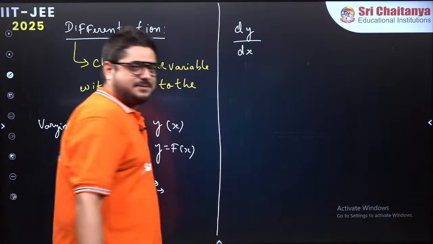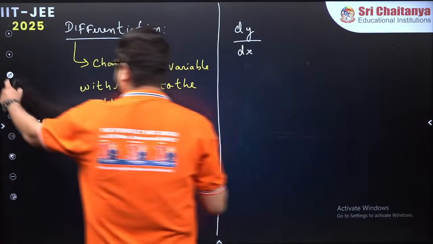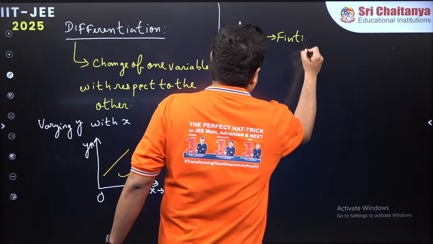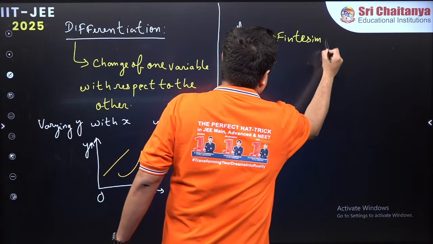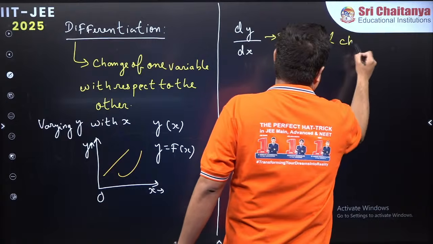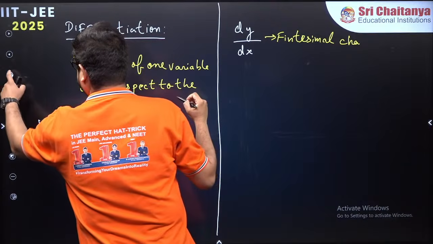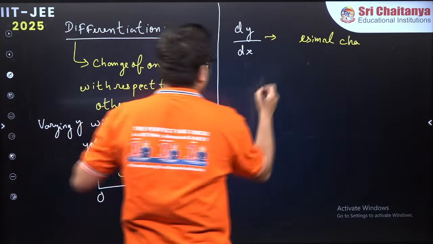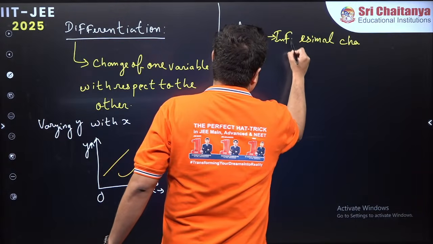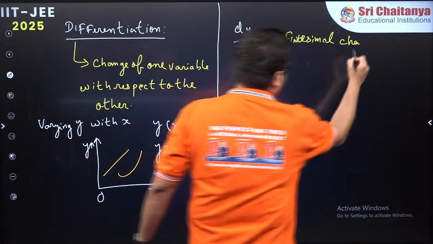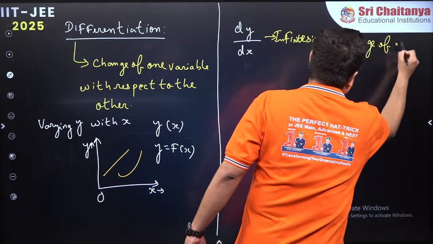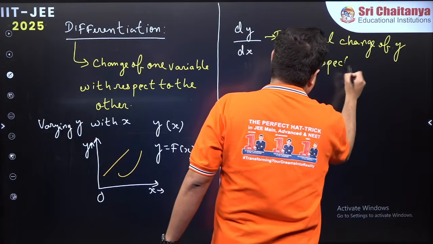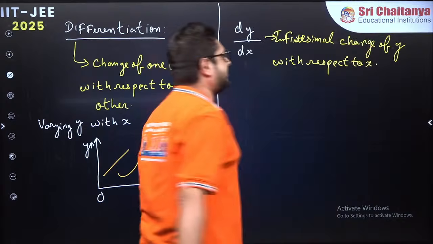Okay, so now what I am about to say is, once again, if you can recall, I mentioned dy by dx. What does it mean? It means infinitesimal change of y with respect to x. Let's try to introduce this word, everyone. Isn't it?